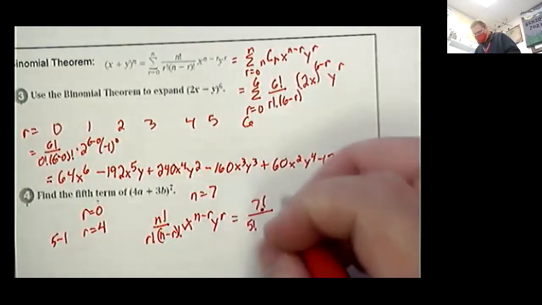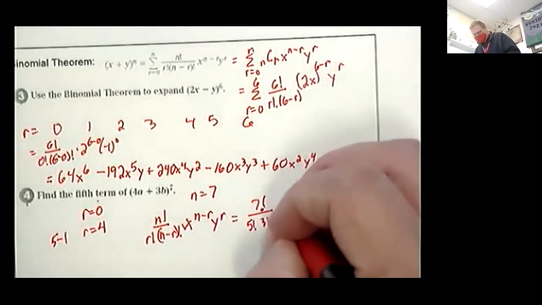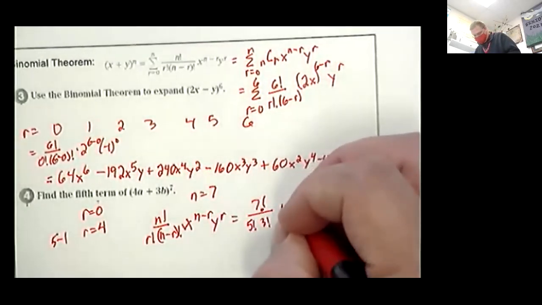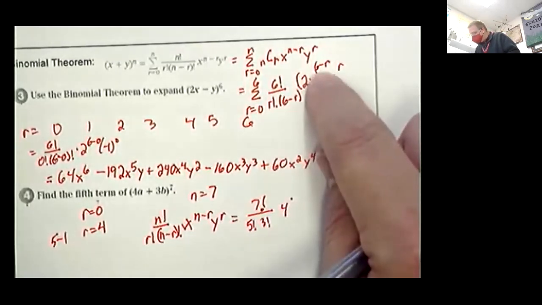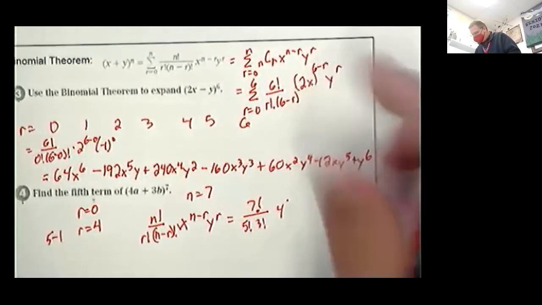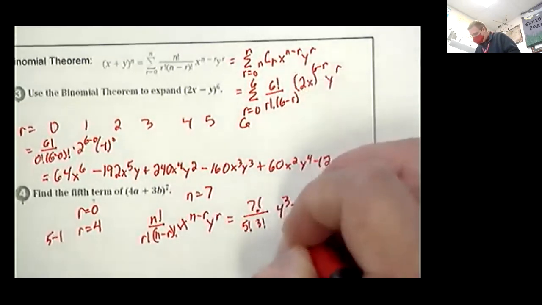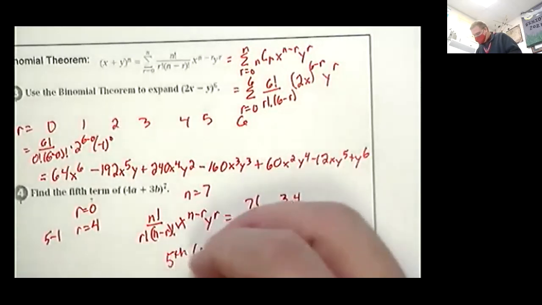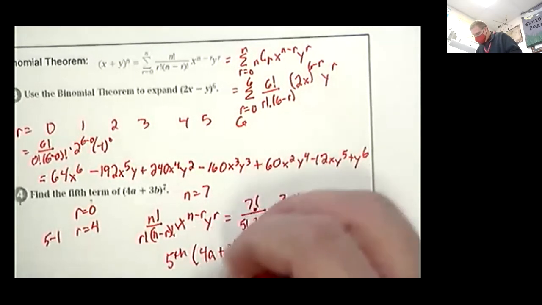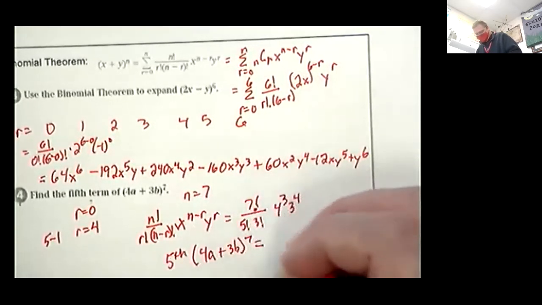N minus r then would be 3 factorial, times 4a to the 3, and 3b to the 4th. And so the 5th term should come from (4a plus 3b) to the 7th.